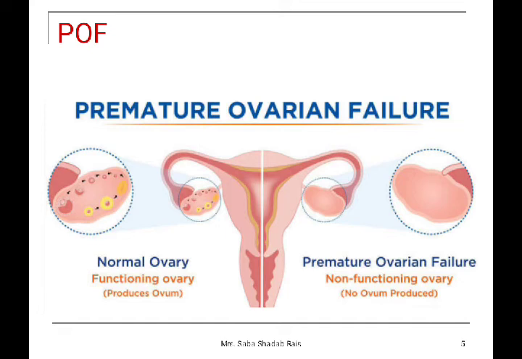This is the normal ovary and this is the POF ovary. In the normal ovary you can see a complete ovarian cycle: primary follicle, secondary follicle, followed by the Graafian follicle. But at the same time, the POF ovary is free from any egg. No egg has been formed.